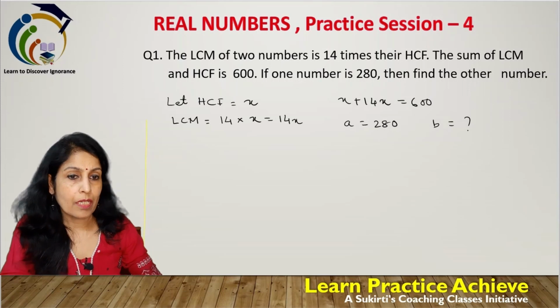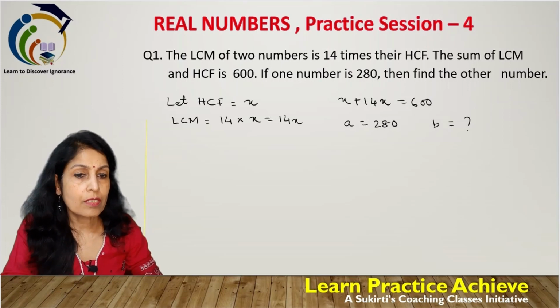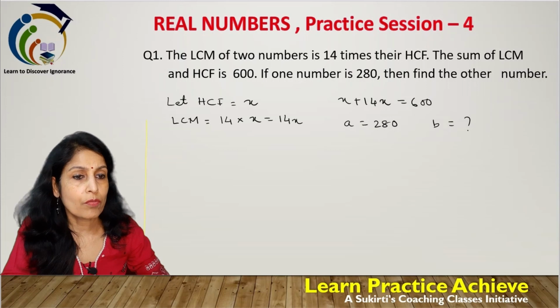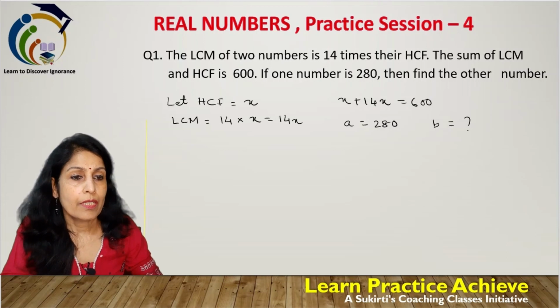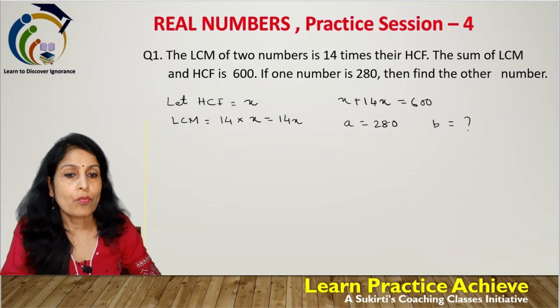Okay, now start solving this question. These are the things we know, and the thing we have to find out is B. If HCF and LCM are given and one of the numbers is given, then there is a formula to find the other number.